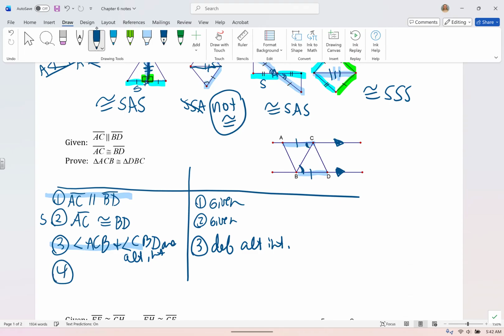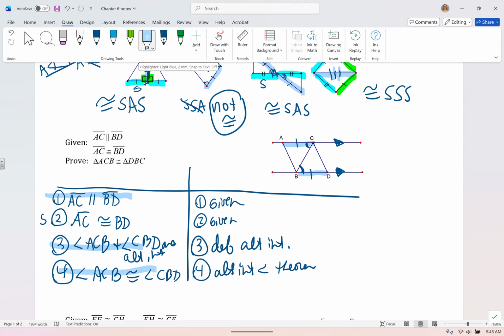Well, then they have to be congruent. So angle ACB has to be congruent to angle CBD. And why? Alternate interior angle theorem. Okay, so those three go together. If the lines are parallel and you have alternate interior angles, they have to be congruent to each other. So this one has to be congruent to that.